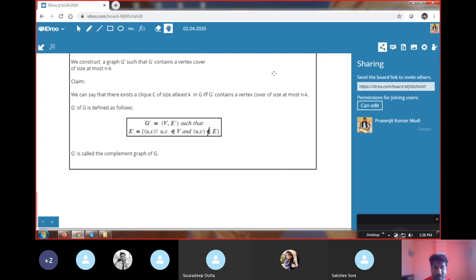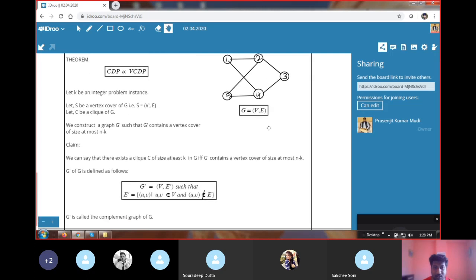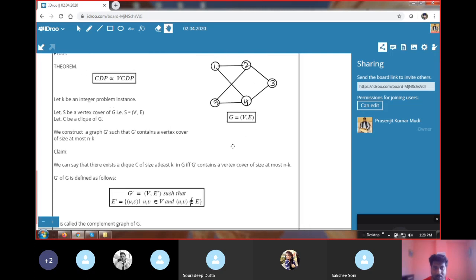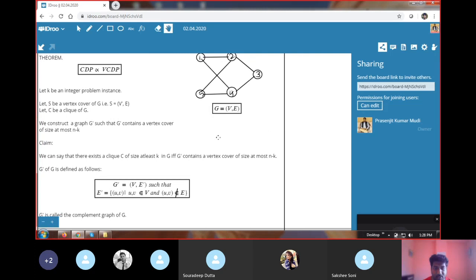So as per our example, we can construct the G dash. Let's try to construct the G dash complement graph. Vertex 1.